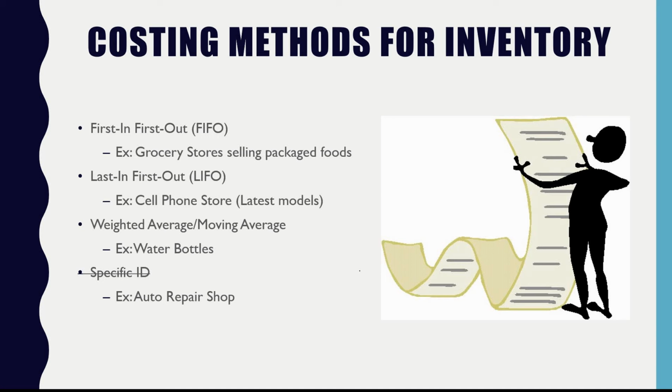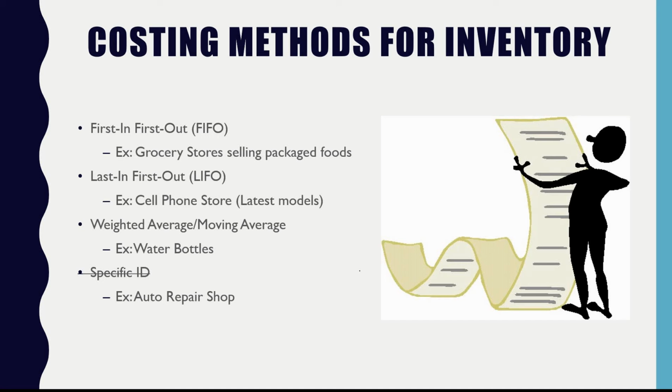Then we're going to talk about moving average and weighted average. So in this case, we are not going to consider purchasing items in batches. We're going to consider looking at an overall amount of total quantity and total cost.